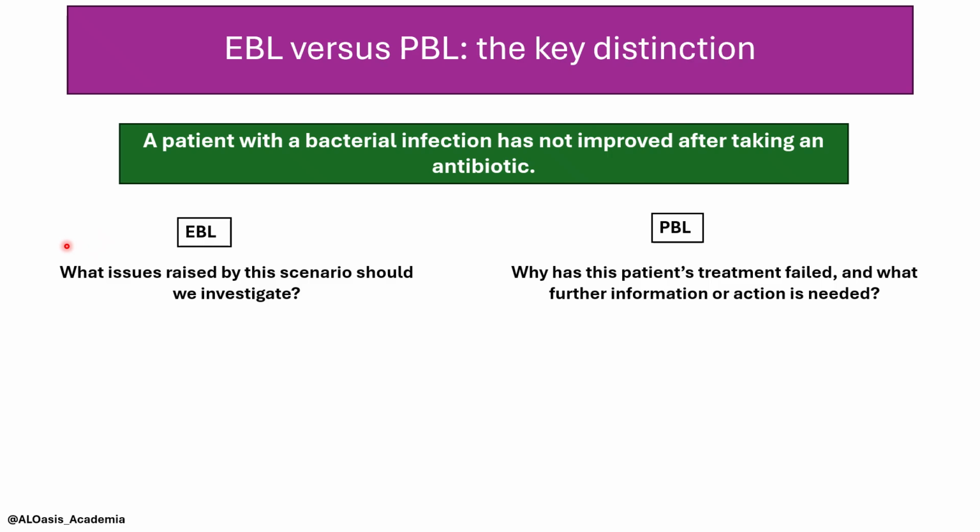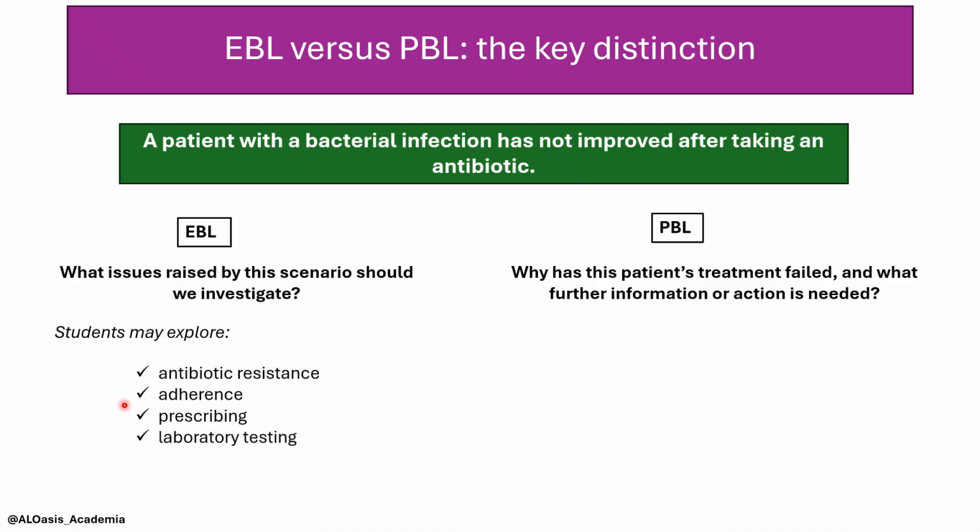To help you understand more, these are the types of topics that the students would explore when they are in an EBL class for this issue. The students might explore antibiotic resistance, adherence to taking the antibiotic, prescribing, lab testing, and the public health effect. For example, what is the effect of antibiotic resistance on public health in general?